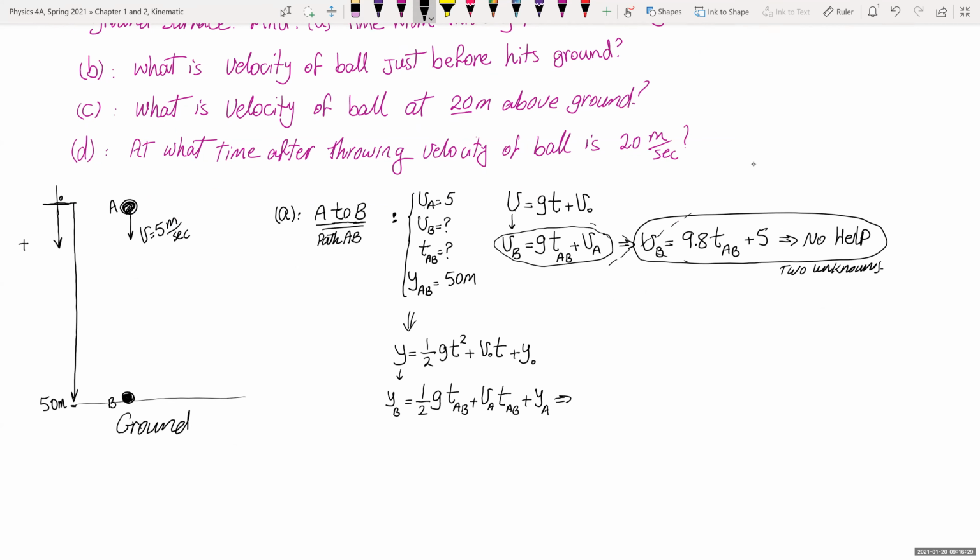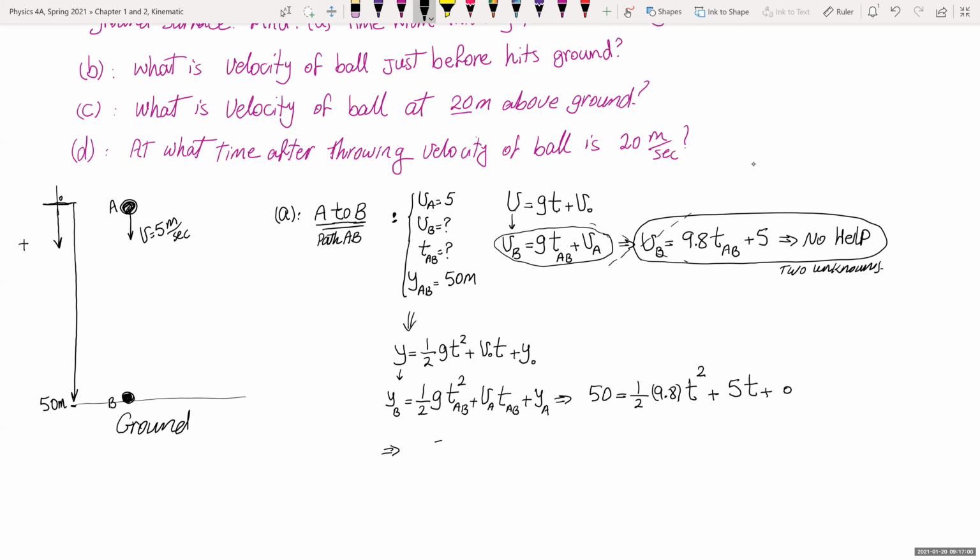Now, let's substitute. yB is 50, 1/2 is 1/2, g is 9.8. This is squared, put the square over there. This is t squared plus vA is 5, t is t, so I don't put AB, and yA is 0.